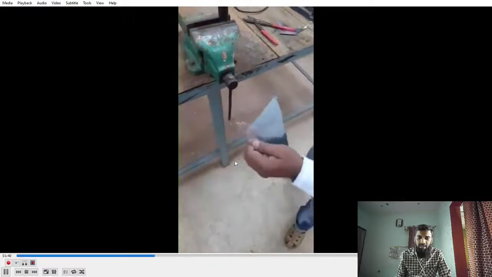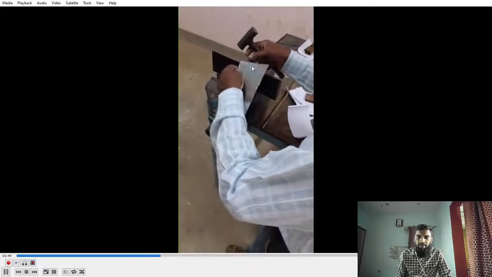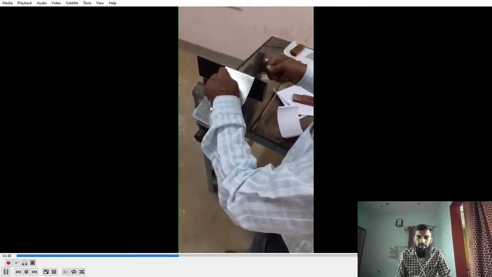See, the next edge, which is marked 5 mm and 5 mm, we are bending the sheet for 5 mm in the opposite direction.